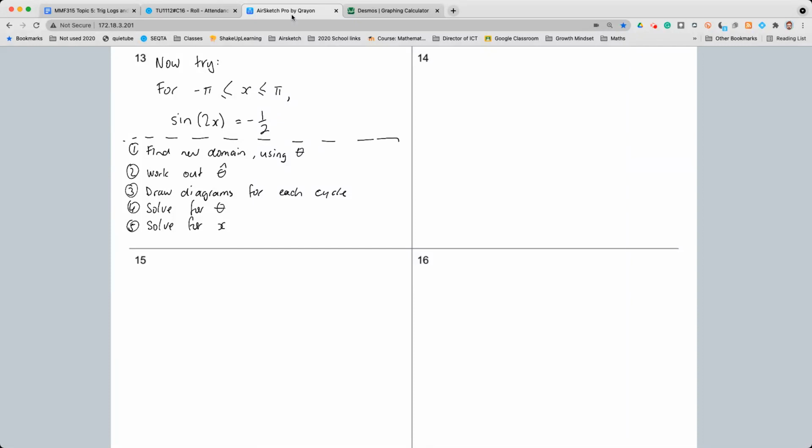So you have to think about that. But this is the important different bit: how are we going to deal with a domain that goes from a negative pi to a positive pi? I don't mind if you don't get there. Just have a crack. I've given you some steps here to think about. So just see what you think, and in about 5 minutes maybe, I'll make a start on it just to see how you go.